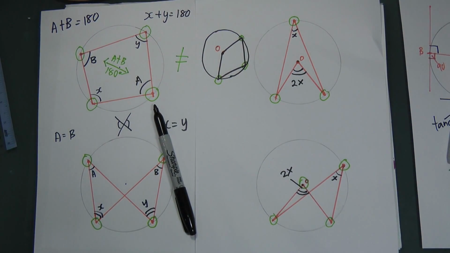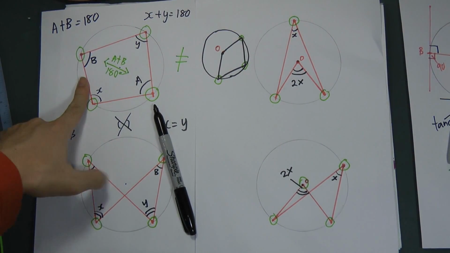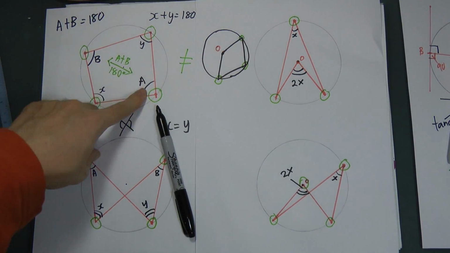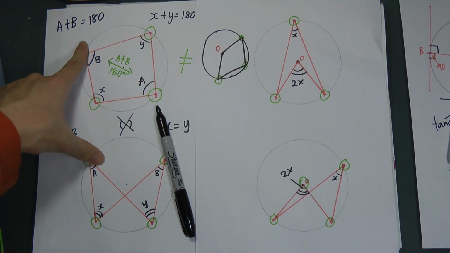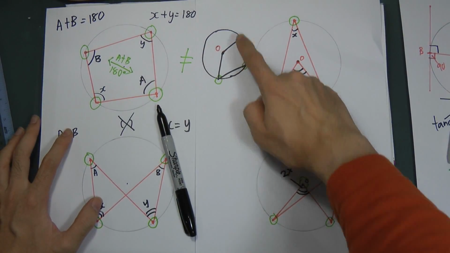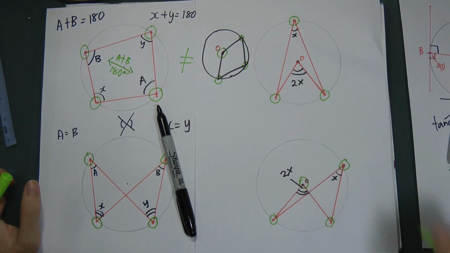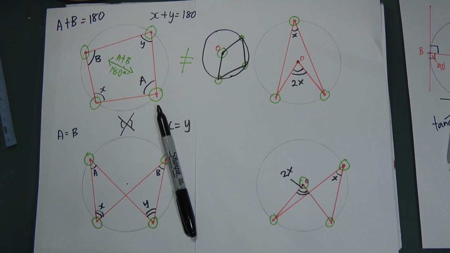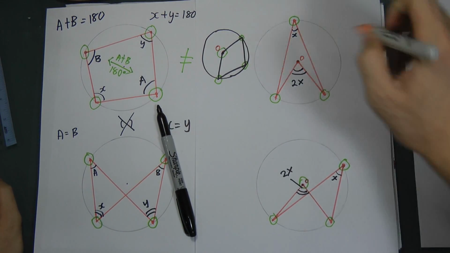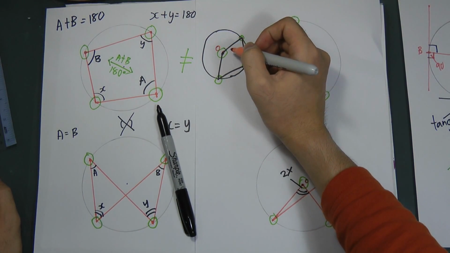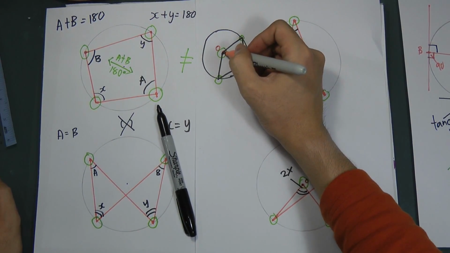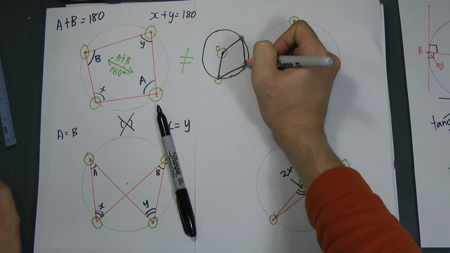You must remember, because in order to apply this law, 4 of the points must touch the circle. This one only has 3 points touching the circle, and then 1 point touching the center. So actually, for this one, what we can know is this angle is double of this angle.